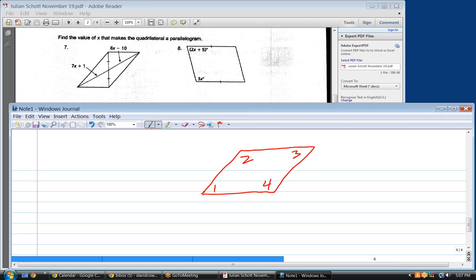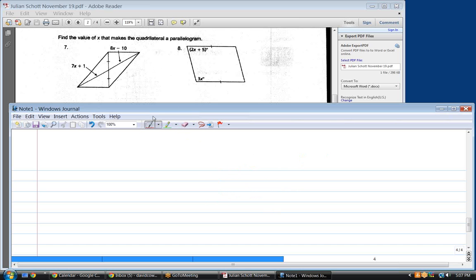That means they're supplementary. And in any parallelogram, any consecutive angles are always supplementary. 1 is supplementary with 2, 2 is supplementary with 3, 3 is supplementary with 4, and 4 is supplementary with 1.